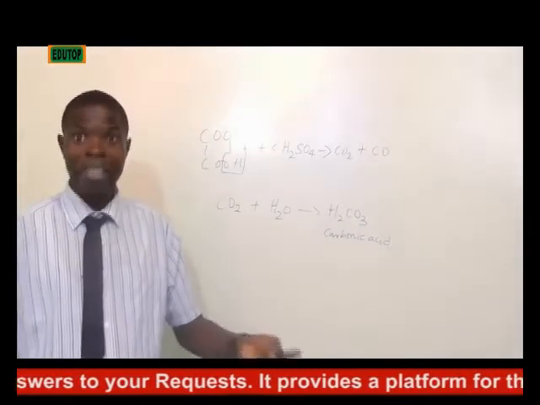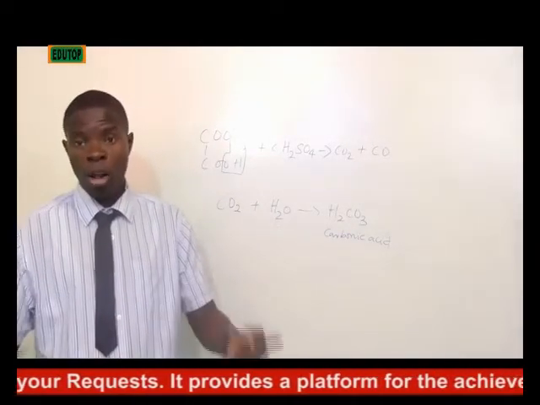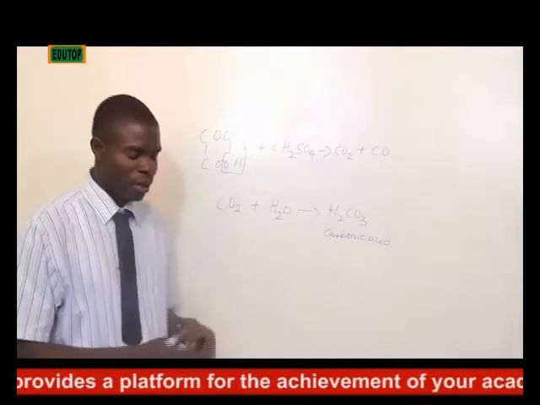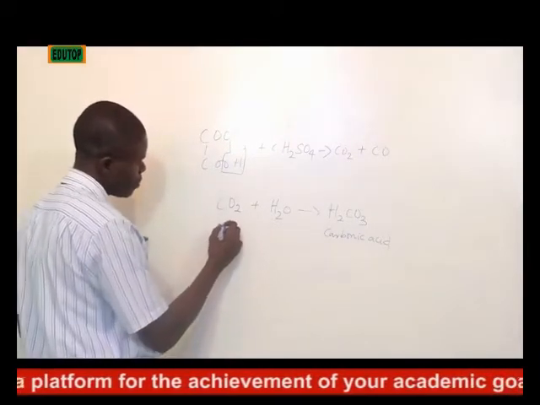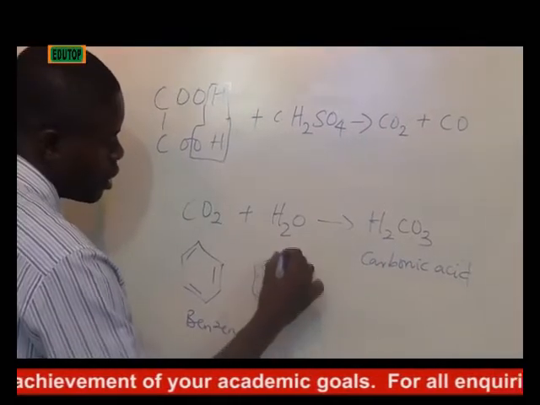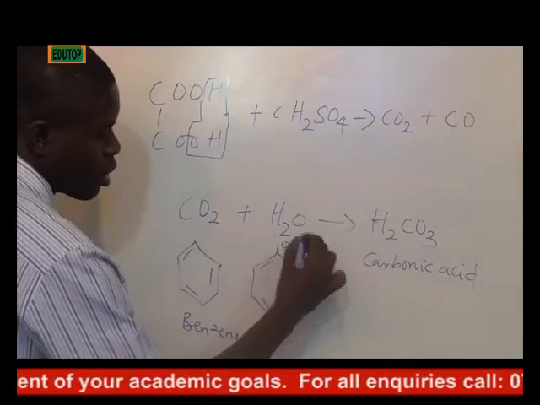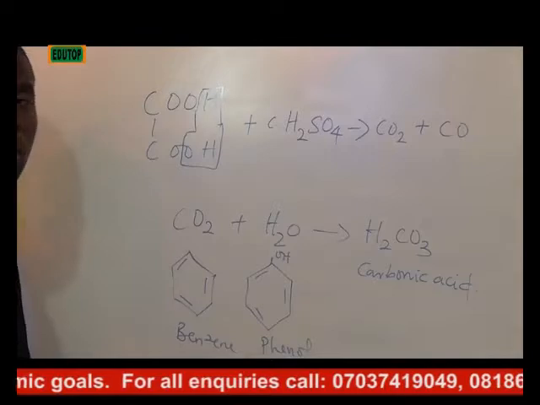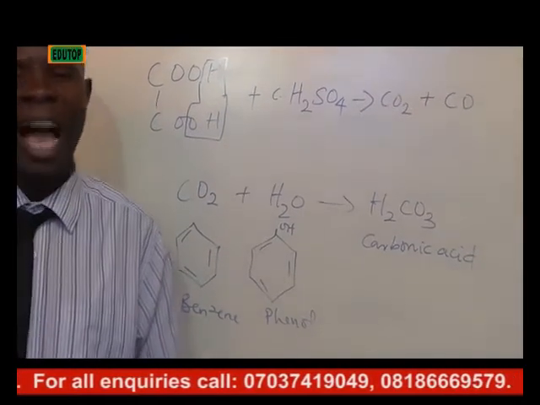Examples are benzene itself, you have your phenol, you have your xylene. This is benzene, this is phenol, where OH is attached. So these are examples of aromatic hydrocarbons.